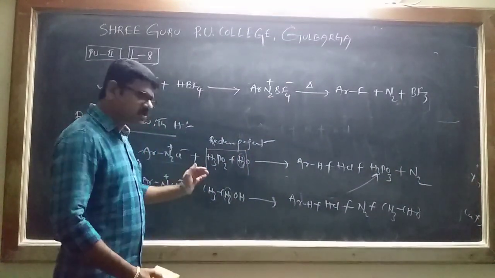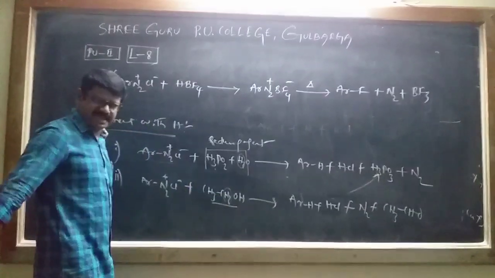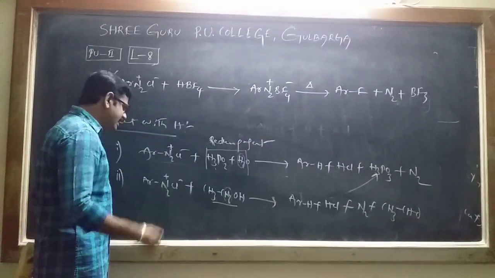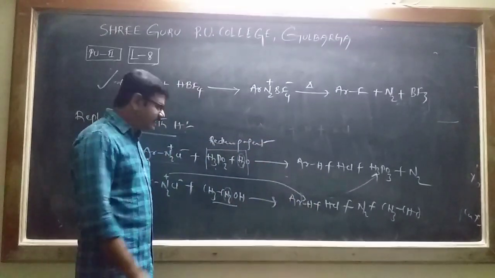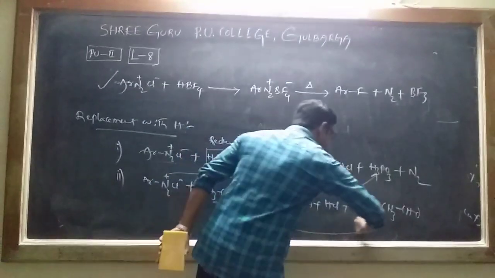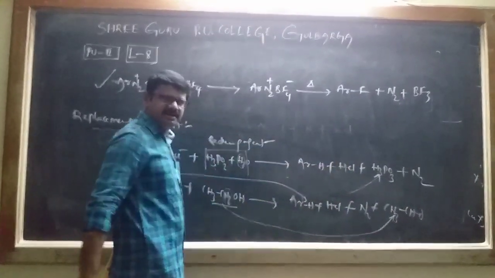And we will get CH3CHO. Here also, ethanol, ethyl alcohol is acting as a mild reducing agent. It reduces diazonium salt to arene and itself undergoes oxidation. Ethyl alcohol is converted to acetaldehyde.